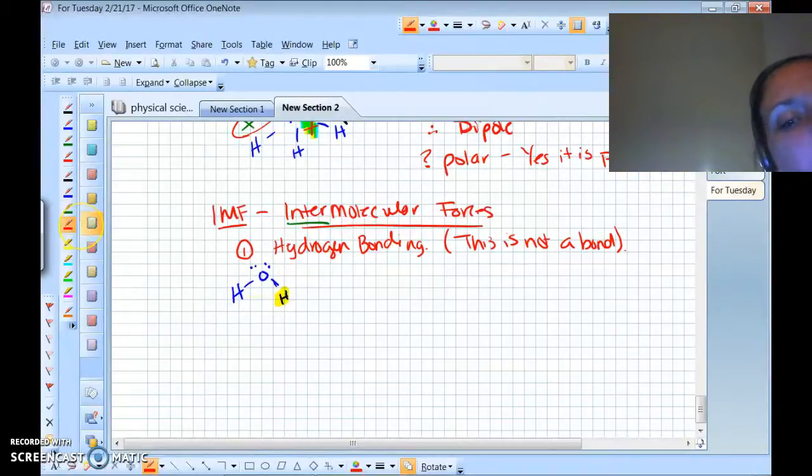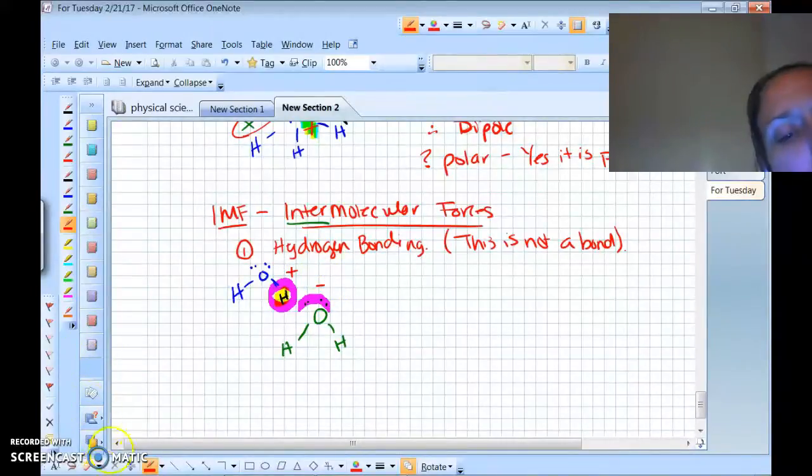Now, if I throw in another water molecule, like this, the interaction that's going to happen is we know that this is a negative region of this water molecule. This hydrogen out here by itself is a positive region. So this guy's positive over here, this is negative.